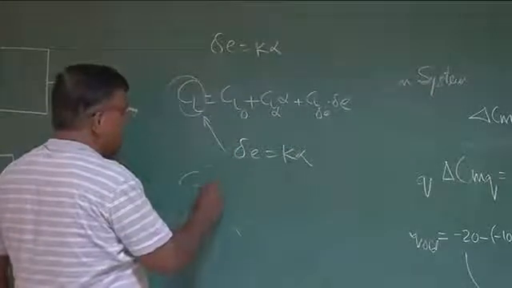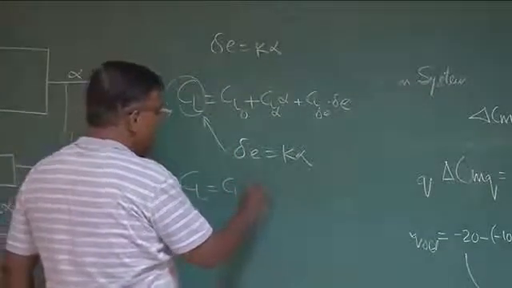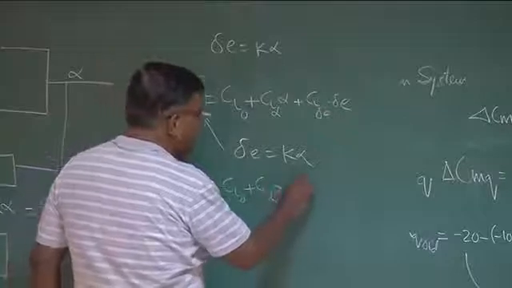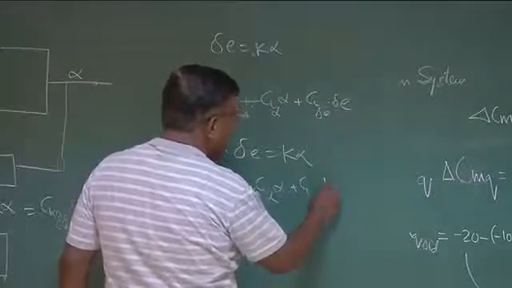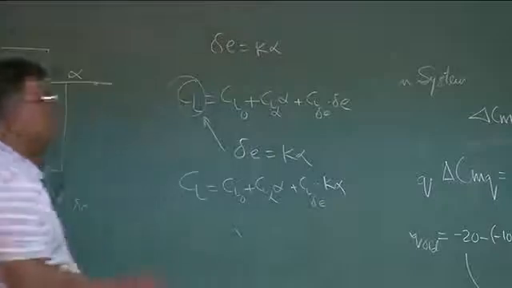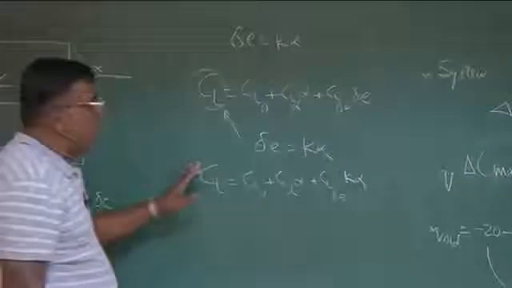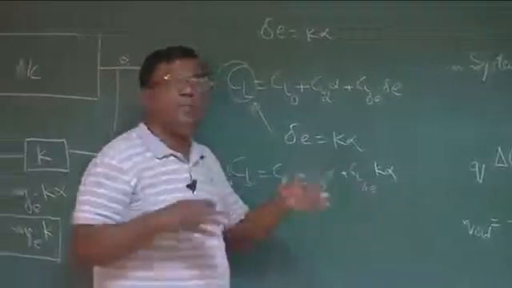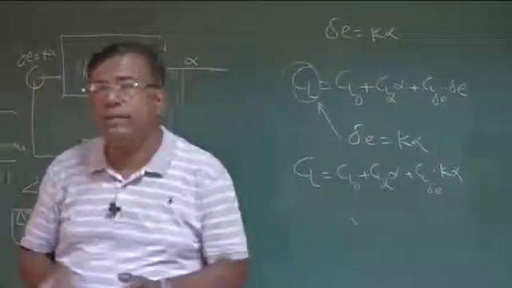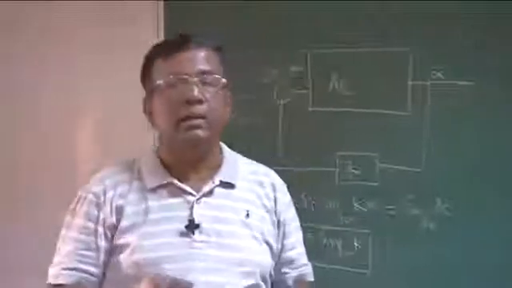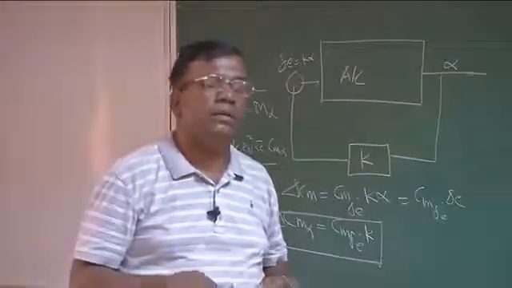Now CL becomes CL naught plus CL alpha into alpha plus CL delta E into K alpha. So your CL also gets modified because of this additional term. So you have to be careful that you make a total optimized algorithm to see that the final requirements are not disturbed much.